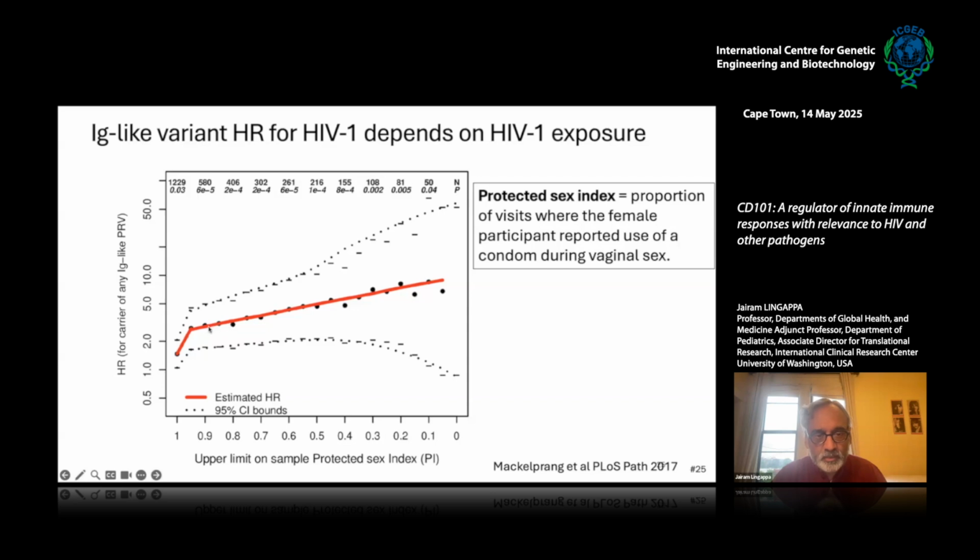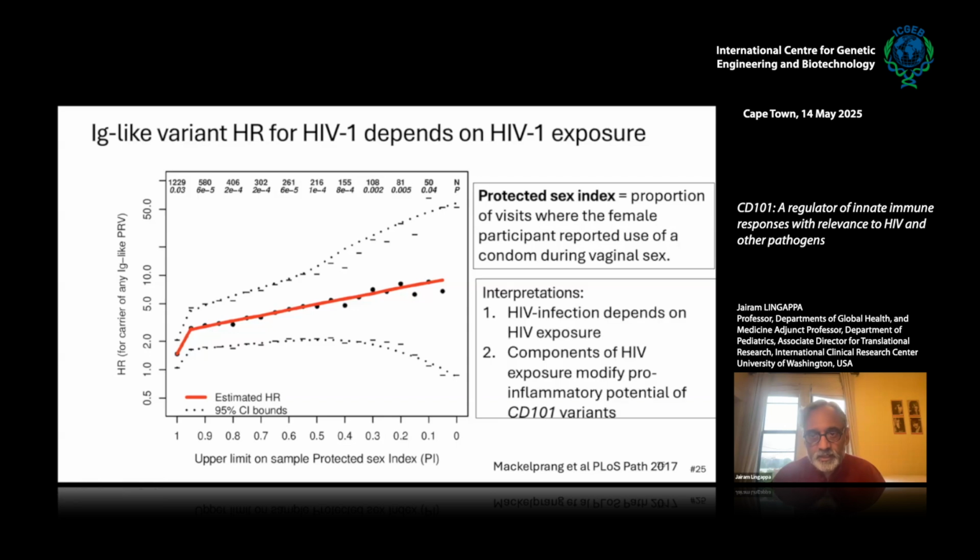And so what this suggested is that there are two interpretations of this data: that HIV infection depends on HIV exposure, which we knew in the past, and that would be kind of a no-brainer interpretation, or that components of HIV exposure modify the inflammatory potential of CD101 variants.